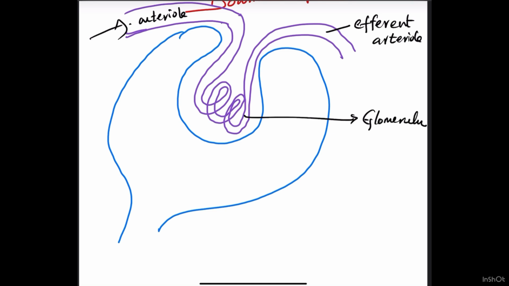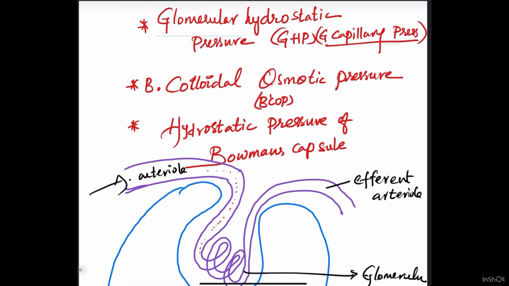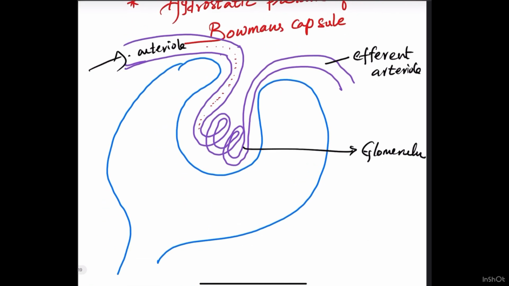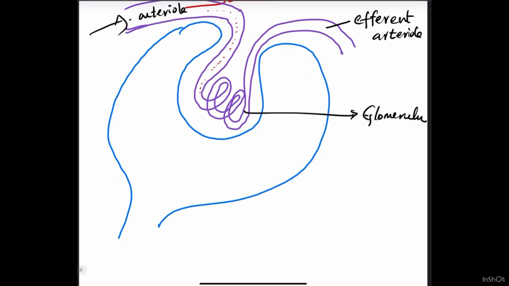When the blood comes downwards like this, it creates a pressure. As mentioned, this is the glomerular hydrostatic pressure, meaning the water present in the blood pushes the solution downwards.